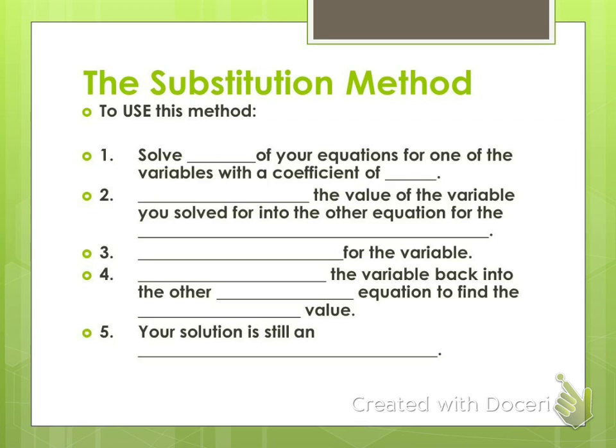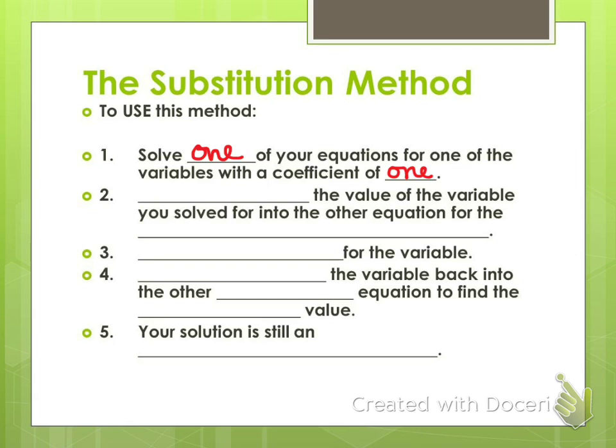All right. To use this method, solve one of your equations for one of the variables with a coefficient of 1. So what that means is you're getting one variable all by itself in one of the equations.